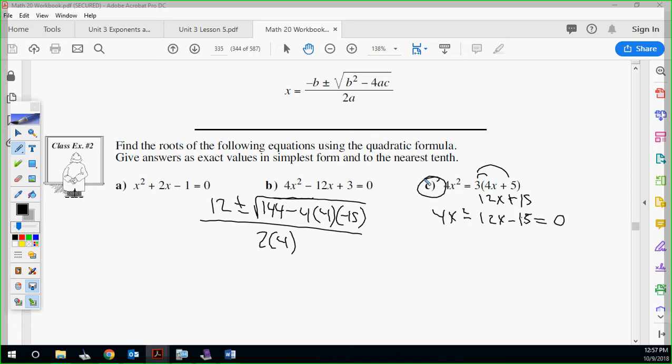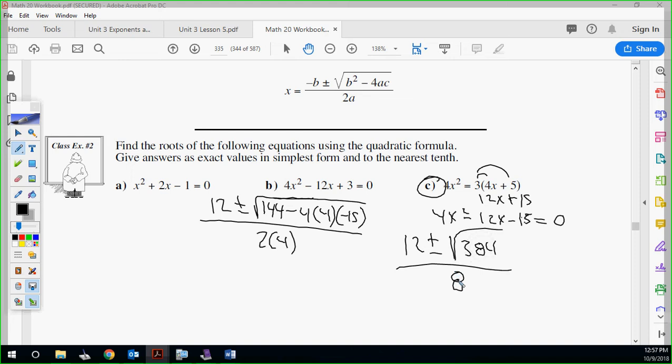C needs a little bit more work. Okay, so 16 times 15. 240, thank you. So 144 plus 240 is, what's that, 384? Okay, 384 all over 8.